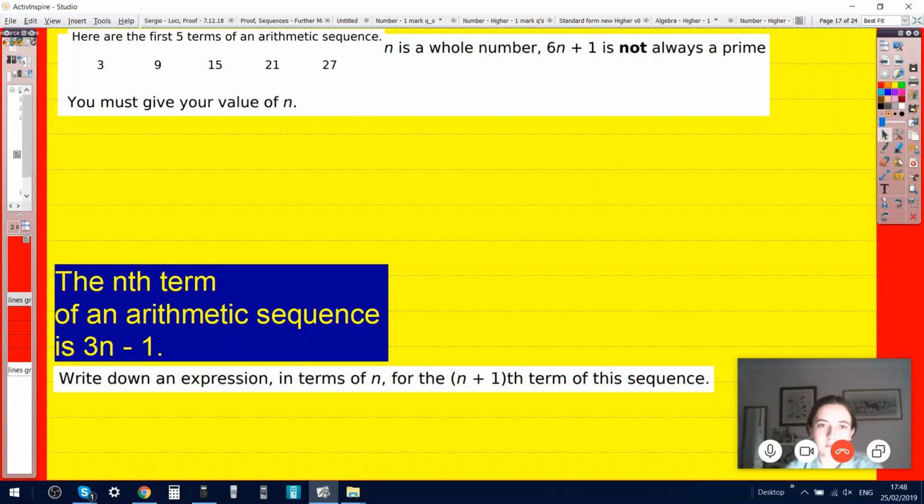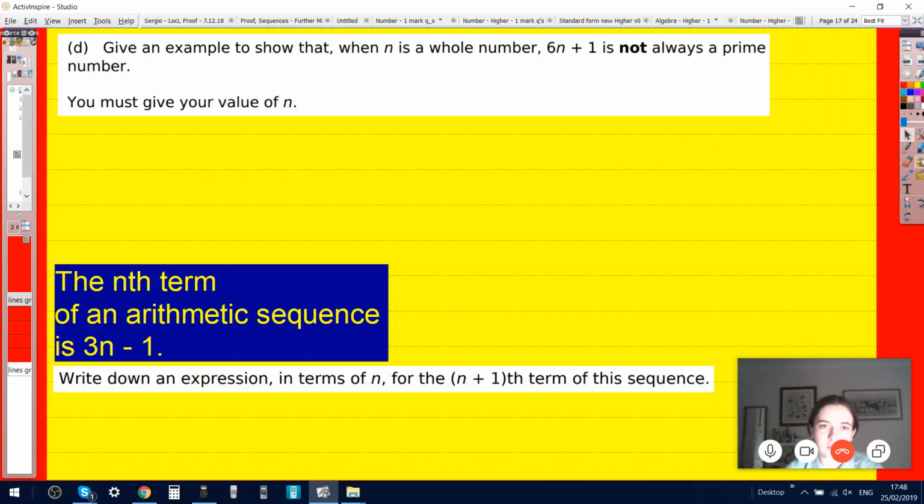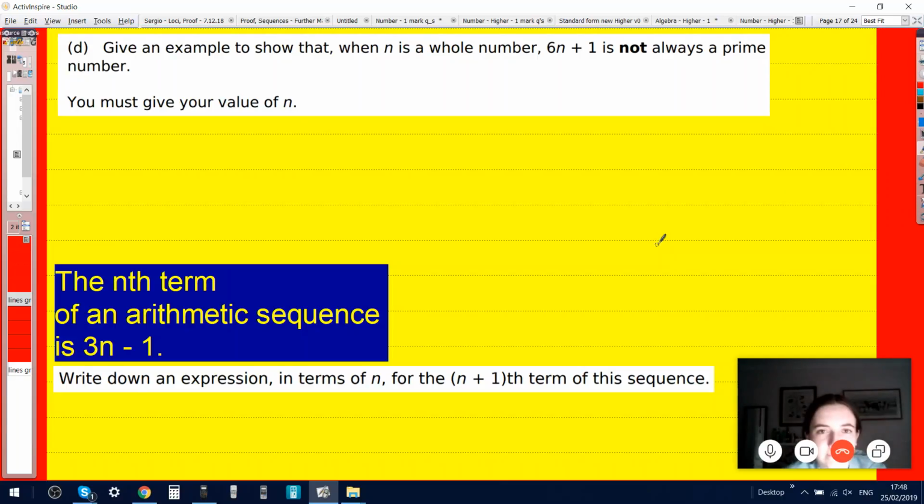Hang on. I pasted it wrong. Sorry. 6 times 3, no, doesn't.